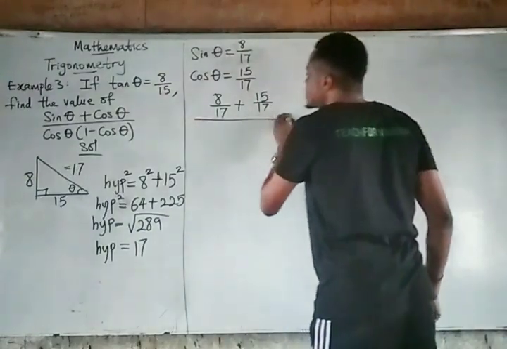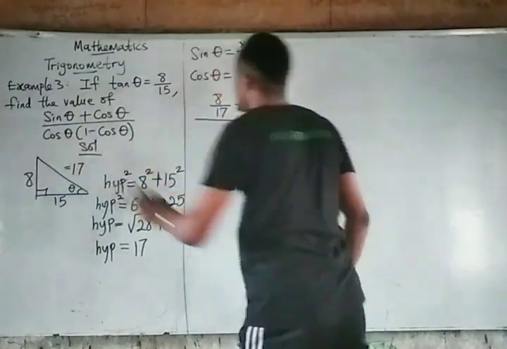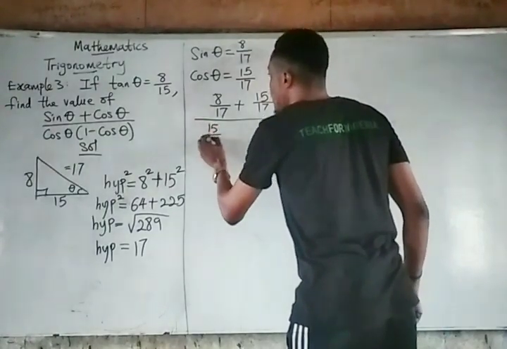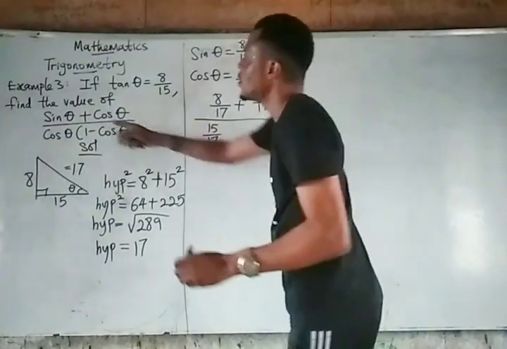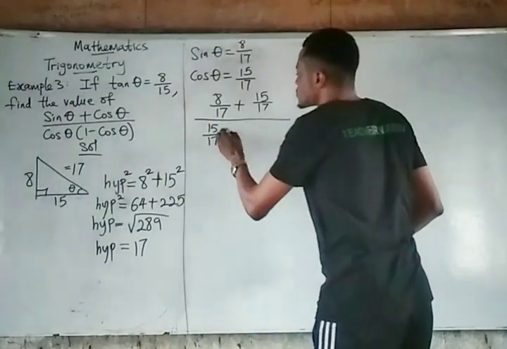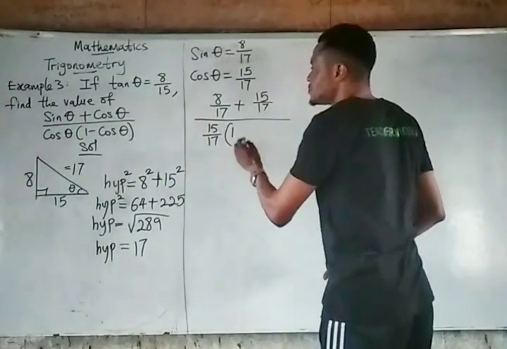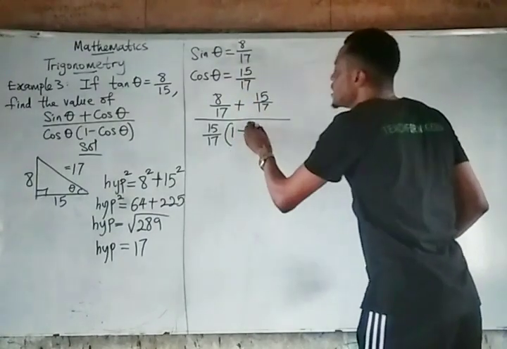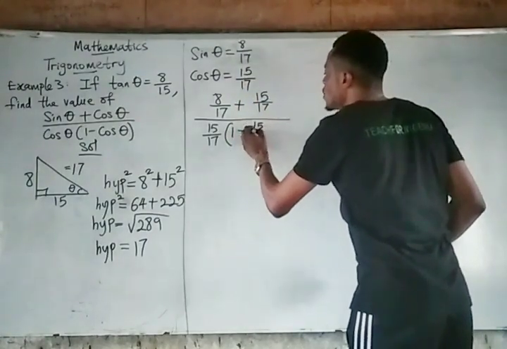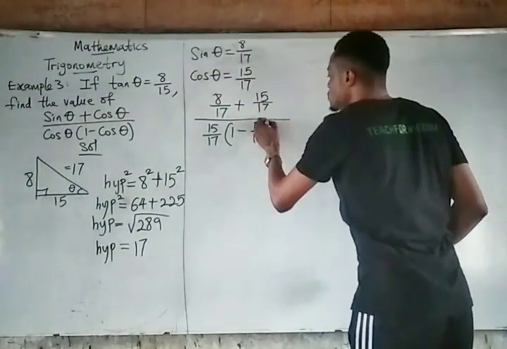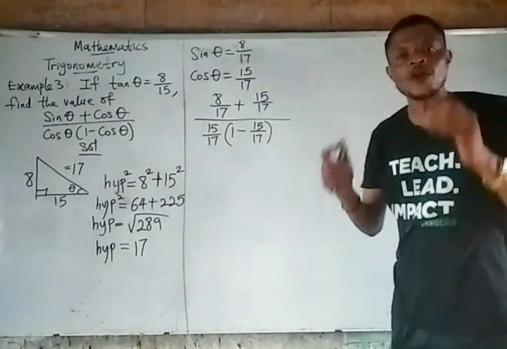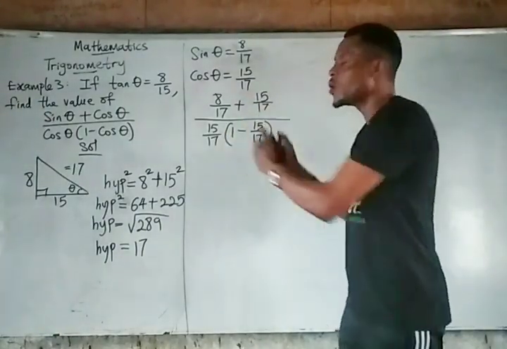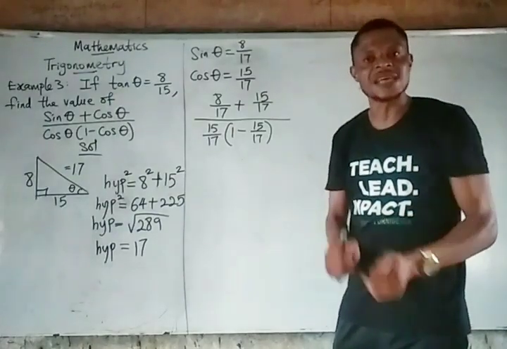Everything divided by cos theta, which is 15 over 17, multiplied by 1 minus cos theta. Cos theta is 15 all over 17. From here, all we need to do is to simplify what we have here. Then we get our answer. Easy.